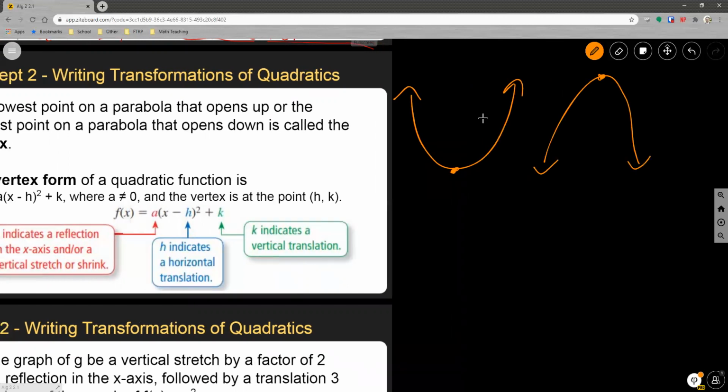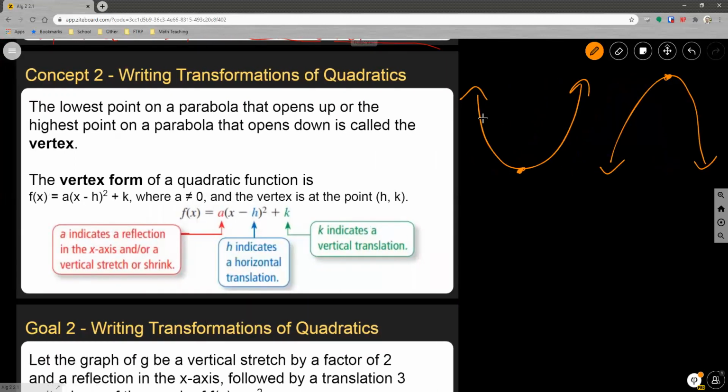Both of those are called the vertex. So those are the vertexes of my parabola.